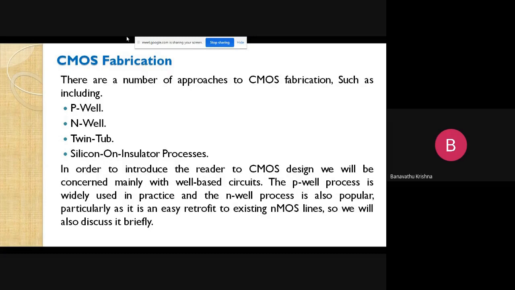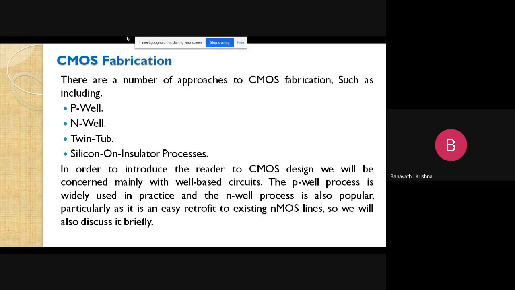Those functions are implemented by using CMOS logic. So to implement a CMOS circuit we need devices, and those are nothing but NMOS and PMOS, a combination of PMOS and NMOS. That is CMOS, complementary metal oxide semiconductor.